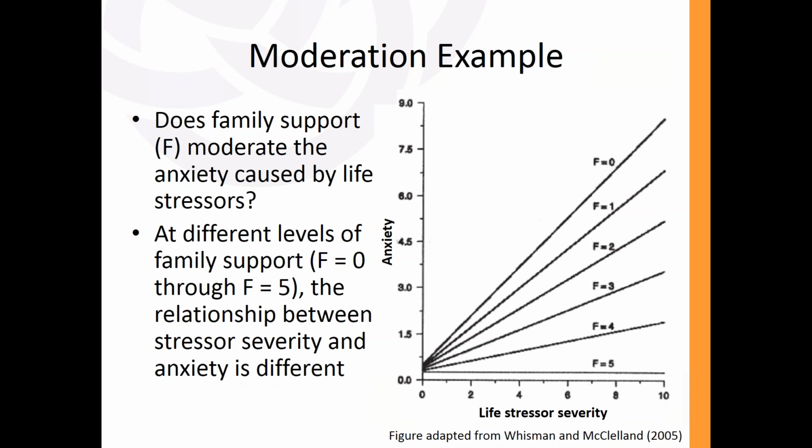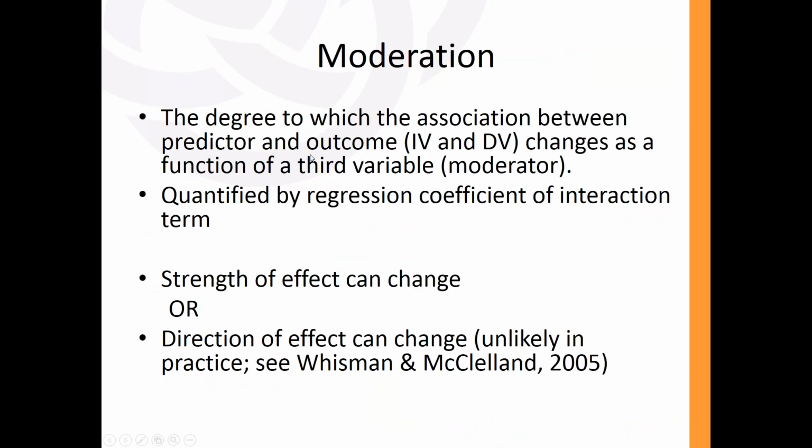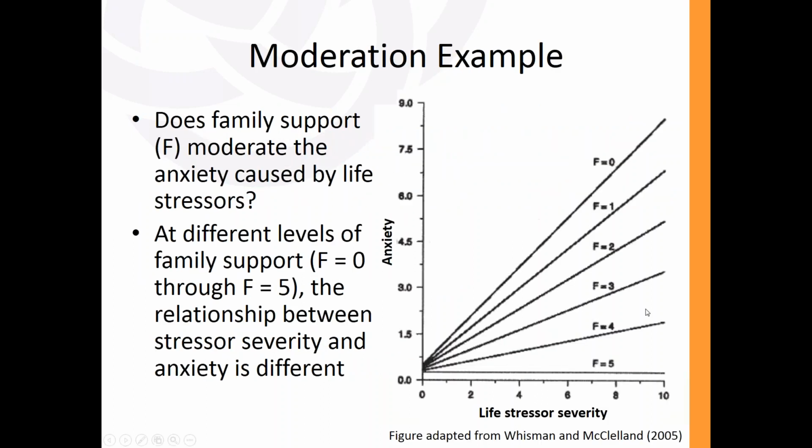It's important to keep this in mind. What we're looking at is, you've got five different lines, and it's like, what the heck is going on here? Keep in mind that this statement is very important: the degree to which the association between a predictor and an outcome changes as a function of a third variable. The third variable here is F, and F has multiple levels, 0, 1, 2, 3, 4, 5.